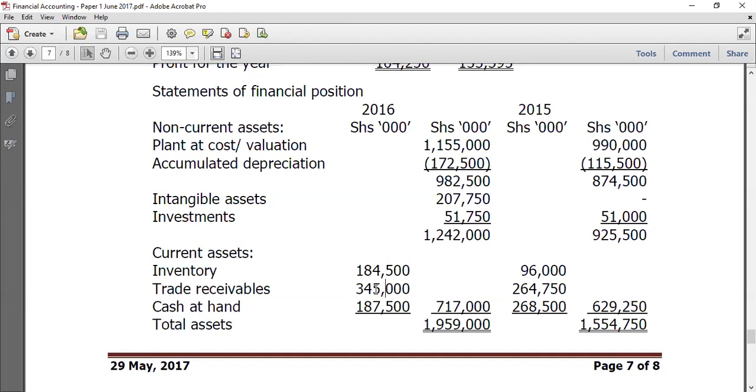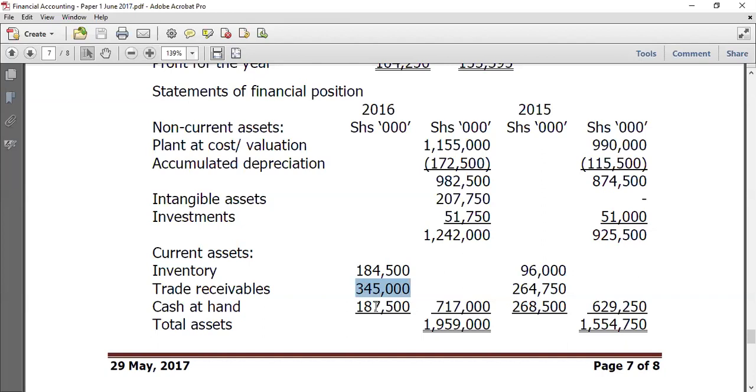So that is important. And the reverse would also be the same. Just in case 345 was here, and 264 was here, it means that I would record that as a cash inflow. So it means that I started with 5,000 and I'm now ending with 264,750.